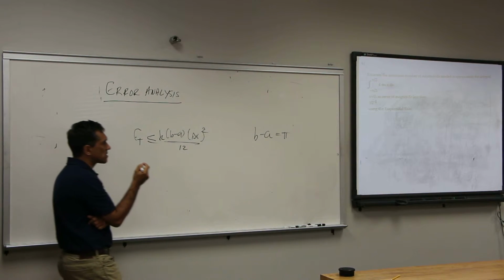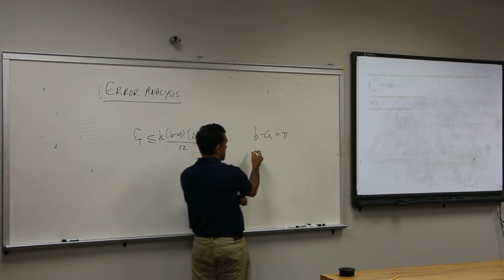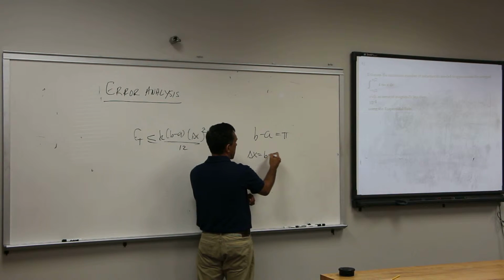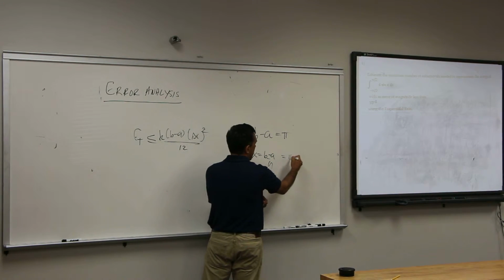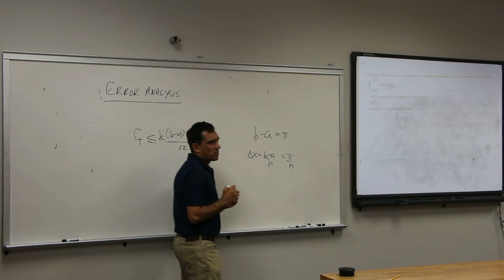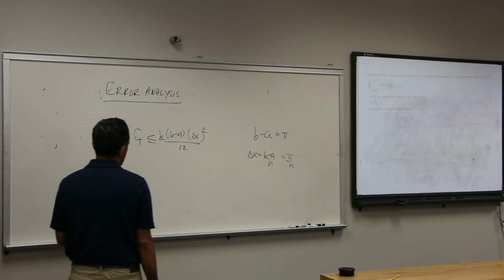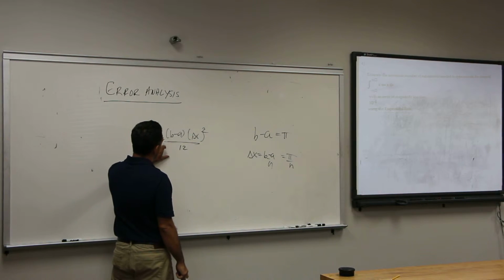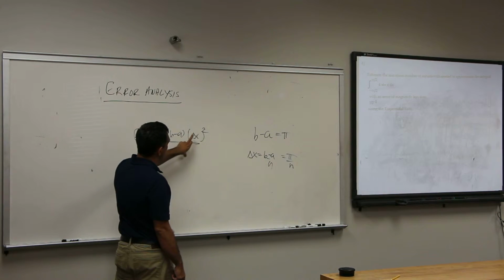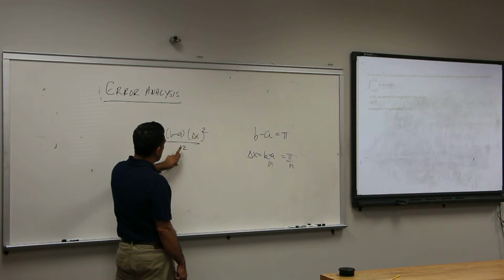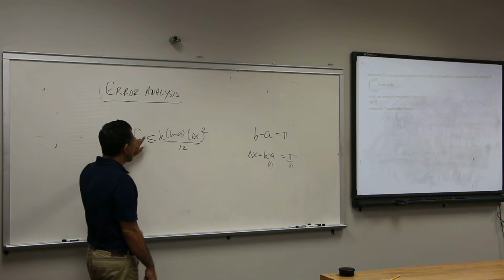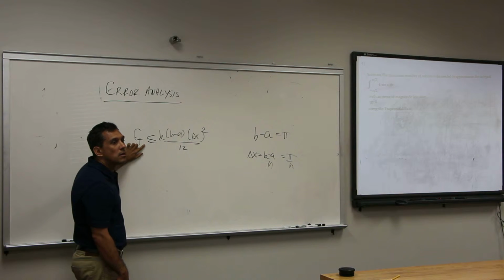What is my delta x? Delta x is b minus a over n, so in this case it's going to be pi over n. So I'm going to put here k times pi over n squared divided by 12 must be what? 10 to the negative 4.